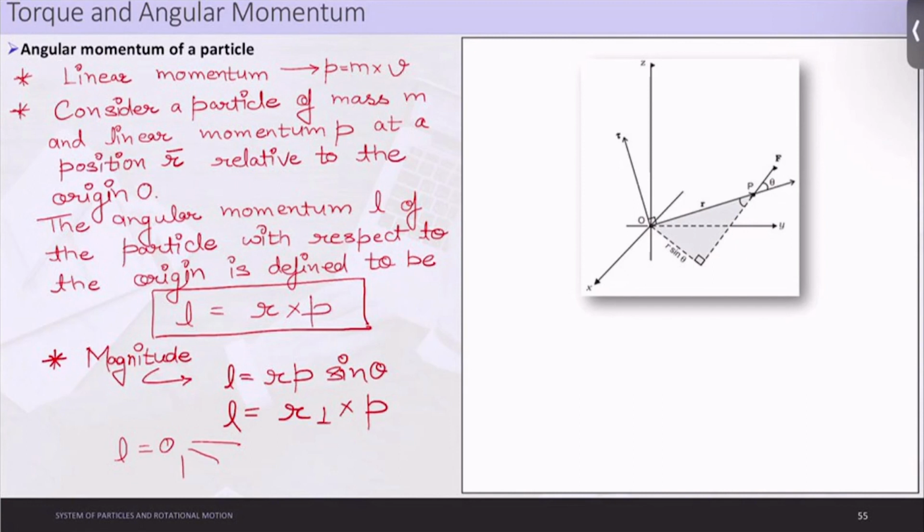L can be 0 in three different cases: if r is 0, if p is 0, and if theta is equal to 0 degrees, that is, the angle between r and p is 0 degrees. Similar to the concept you saw in torque. That is the complete definition of angular momentum.